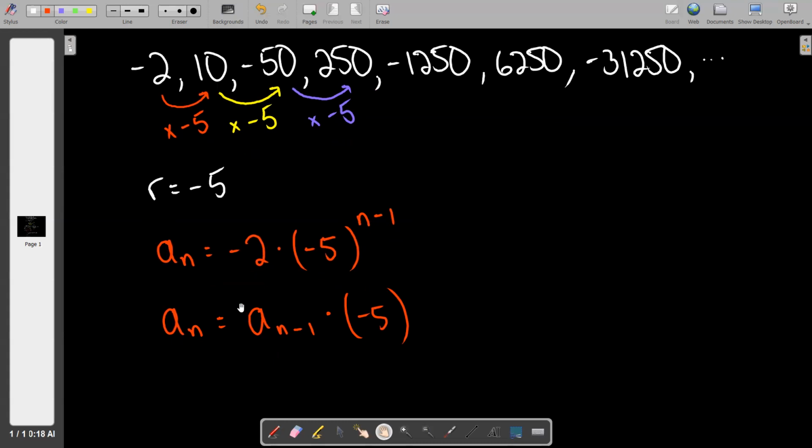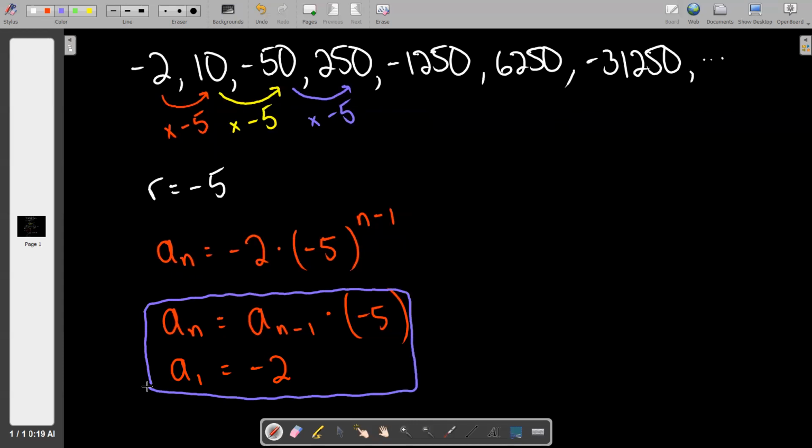And the recursive formula basically just says any term is the term that came before it times whatever, in this case, -5. And then, yes, I need to be specific and then say that A sub 1 equals -2. So everything in this purple box is the recursive formula. So purple box is recursive. And then up here in the green box is explicit.